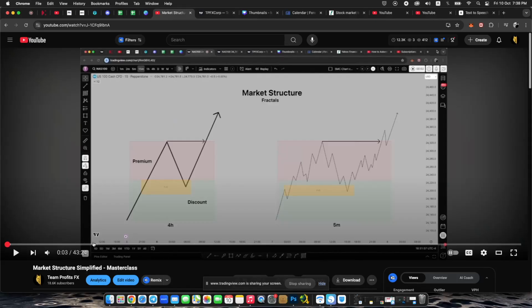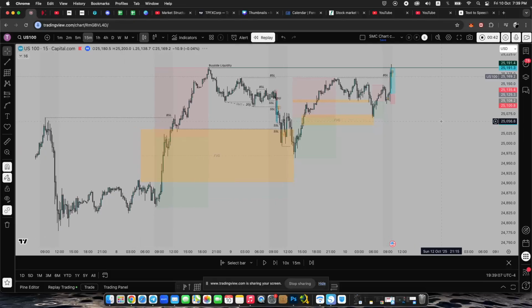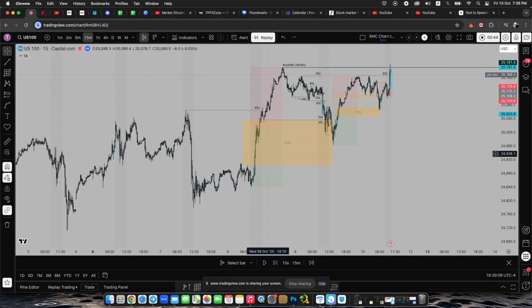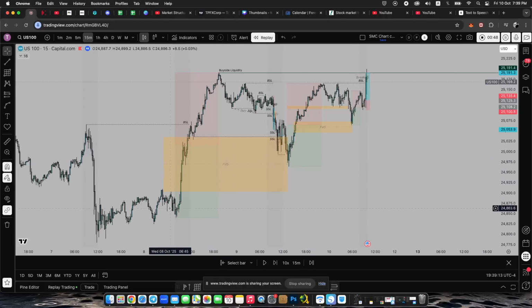I posted a masterclass based on market structure simplified, and I'm going to show you right here what I did yesterday and today based on that, because the opportunities were presented, right? So as you can see, this was the push to the upside that we had on Wednesday.